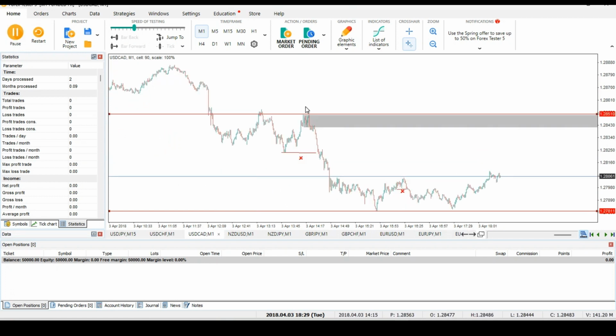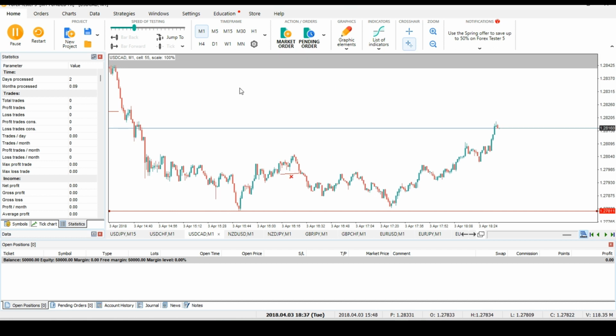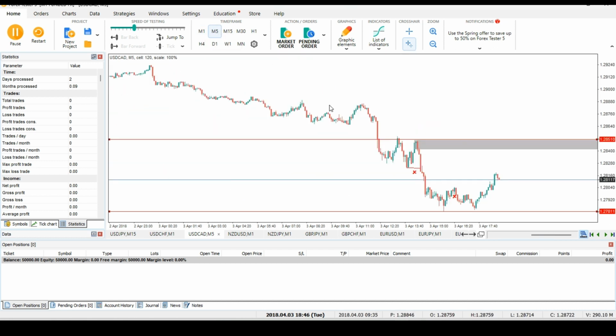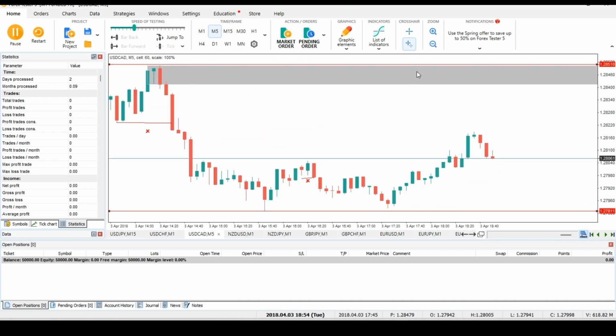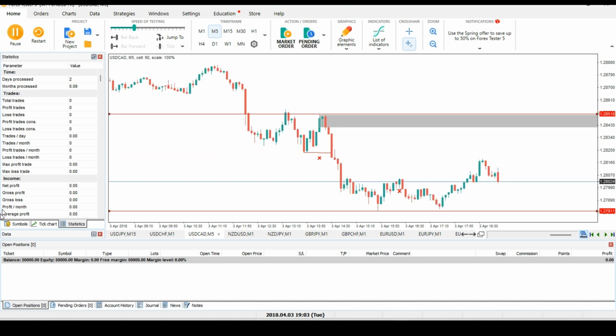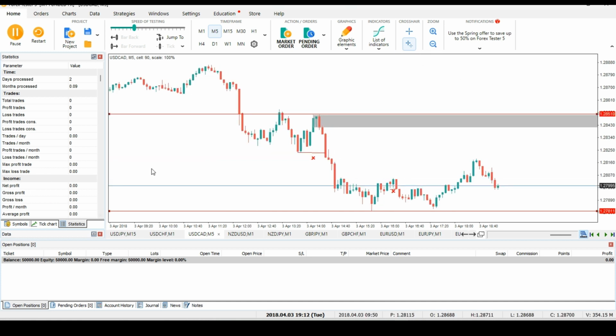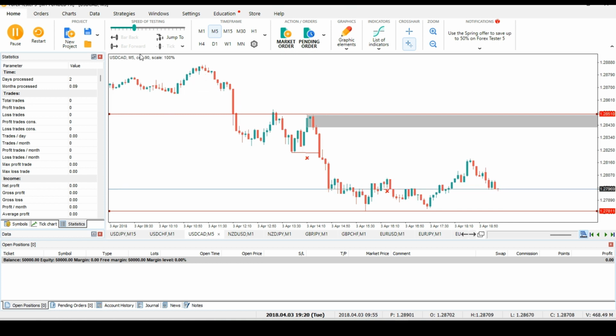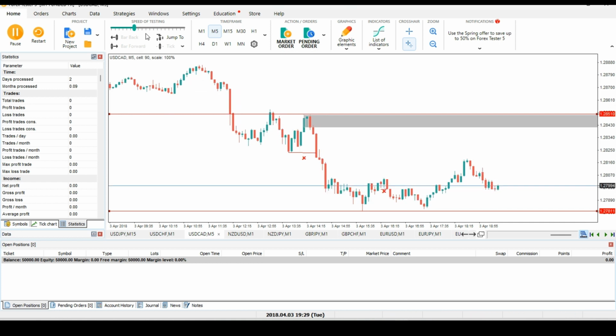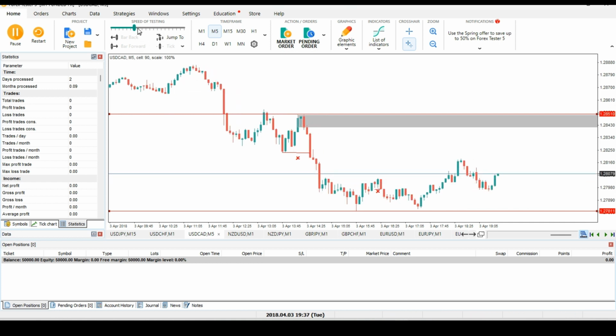Okay, so we keep on going and we wait for price to come to that level right there. Remember, our major level is on top here, so we wait until the market comes to that level right there. For now we just watch and see how the market is going to behave.